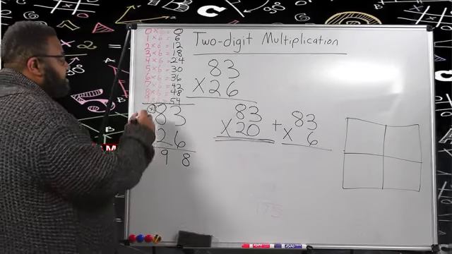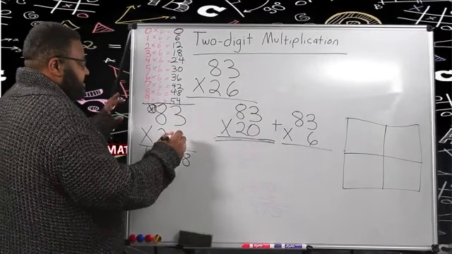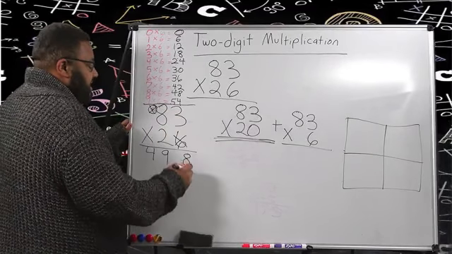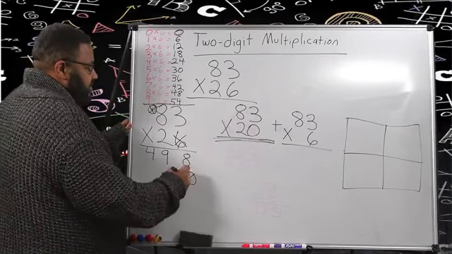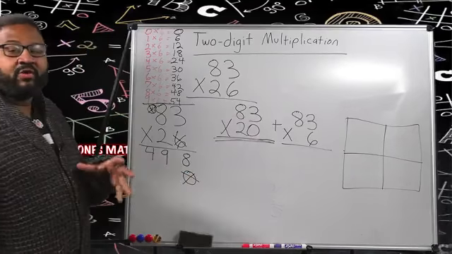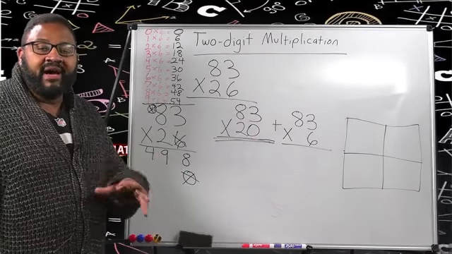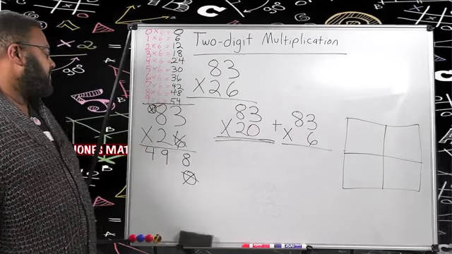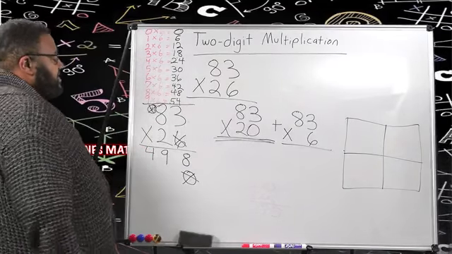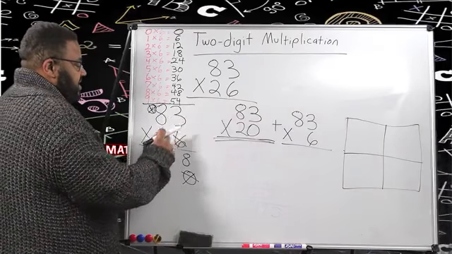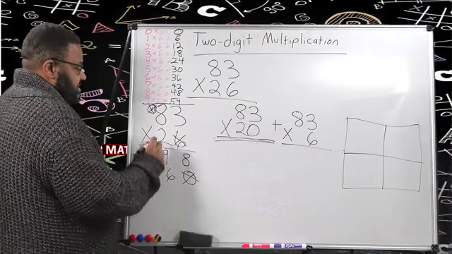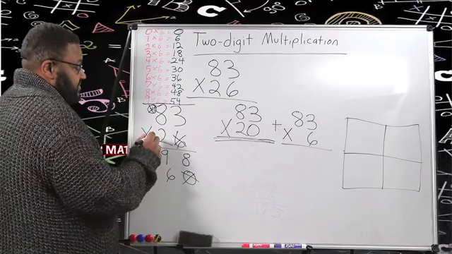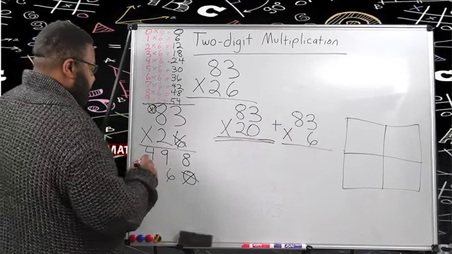I'm going to cross this 6 out here, and I want to put a placeholder here, because I'm now done with my 1's place. And now I'm going to my 10's place. Okay? So now 2 times 3 is 6, and 2 times 8 is 16, okay?